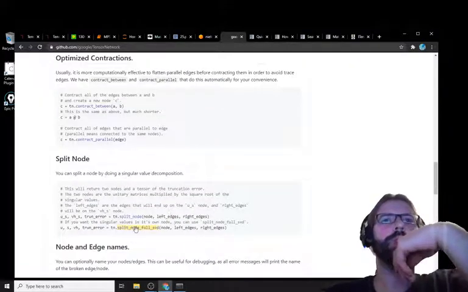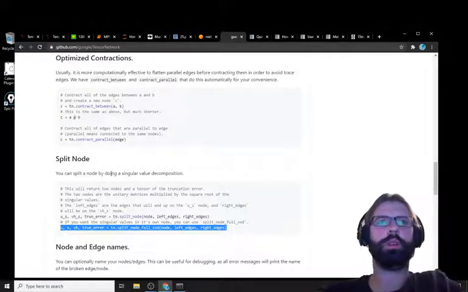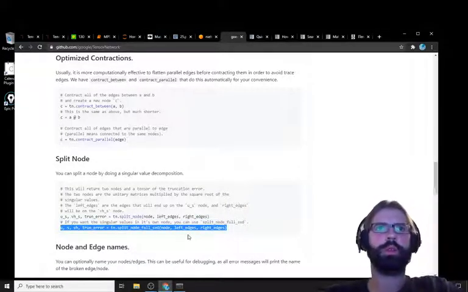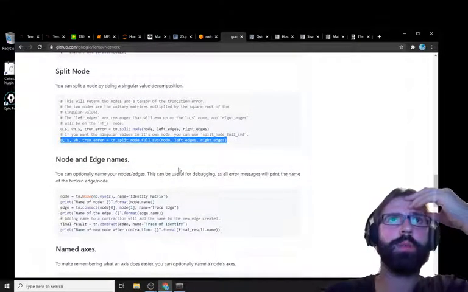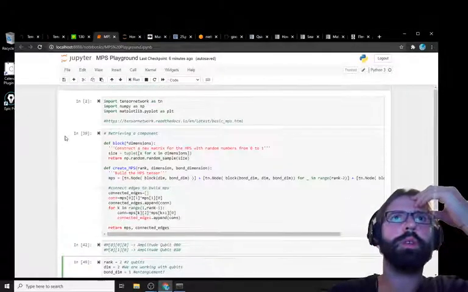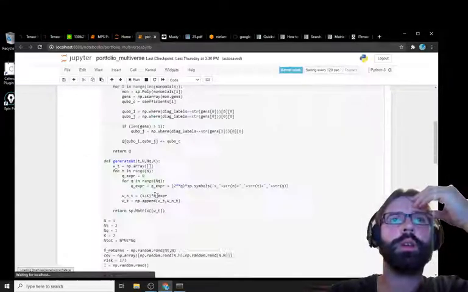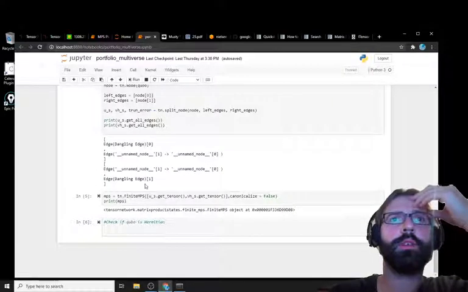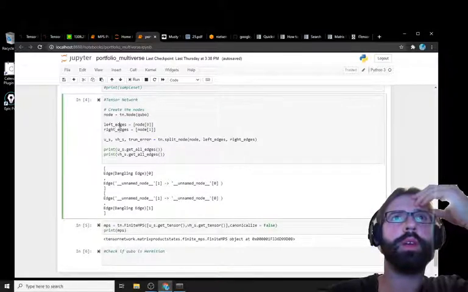If I do these basically, so if I basically do these, which I had done here, right? Finite, get tensor, blah blah blah. Left edges. So that's the way that I was doing node 0, node 1.